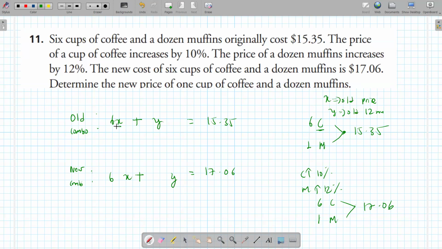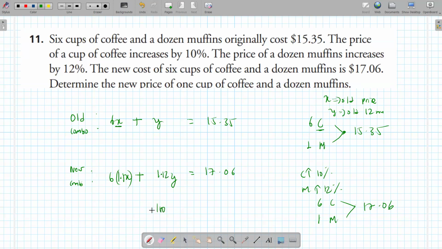So the old price was X. Price increased by 10%. So the new price will be 1.1x. The old price was Y. Price increased by 12%. What's the new price? You just add it to 1 as a decimal. It'll be 1.12.